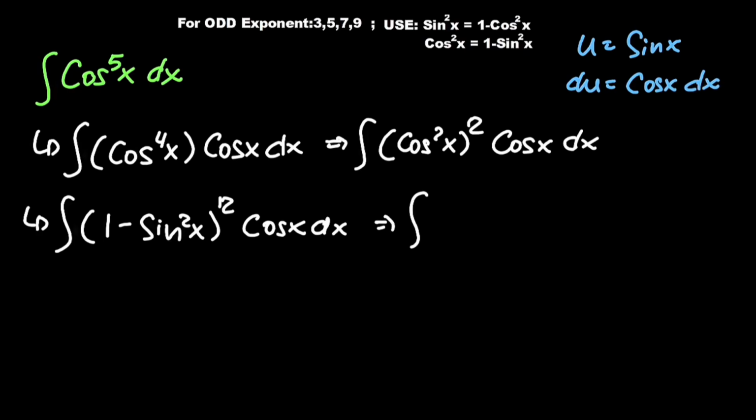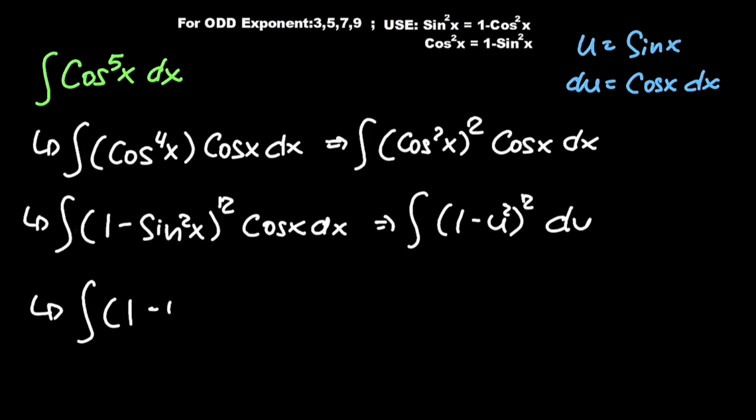So this would be integral of 1 minus u squared raised to the power of 2 du. Expand this binomial expression. So we would have the integral of 1 minus 2u squared plus u to the power of 4 du.